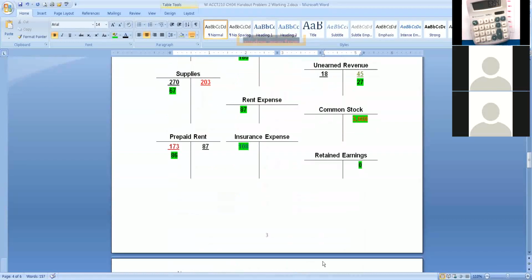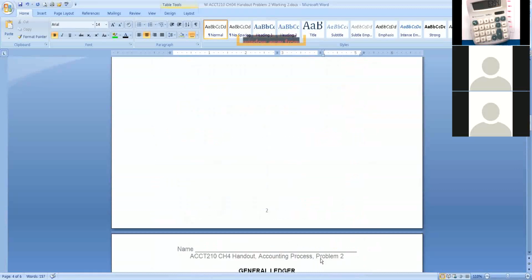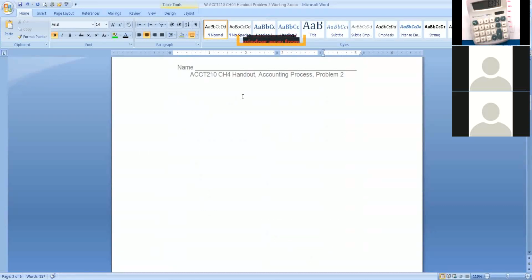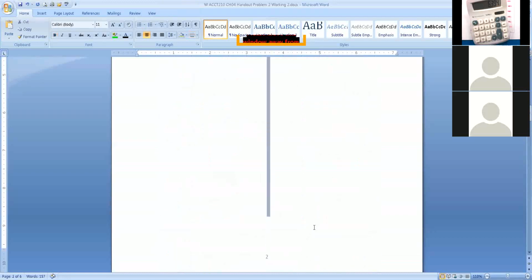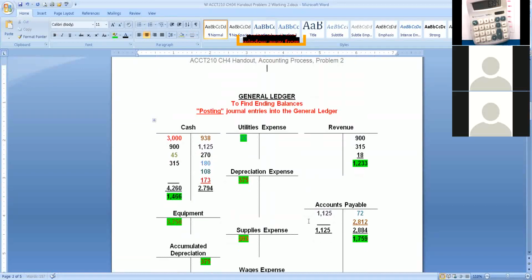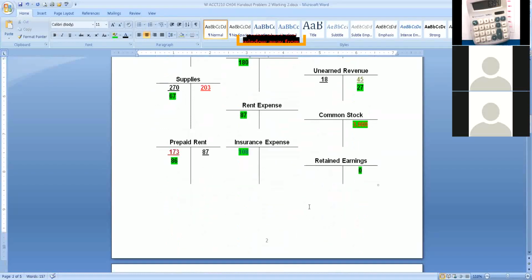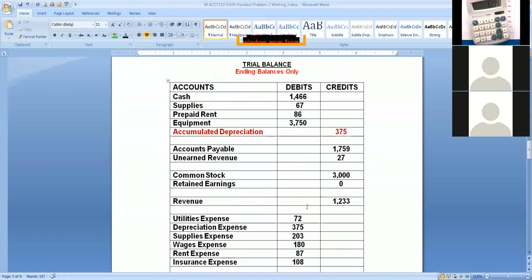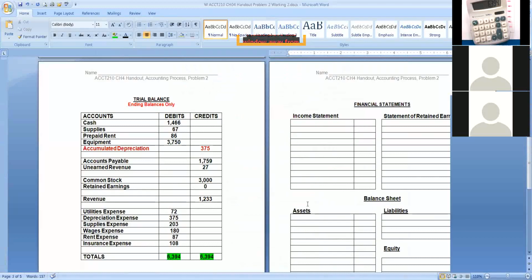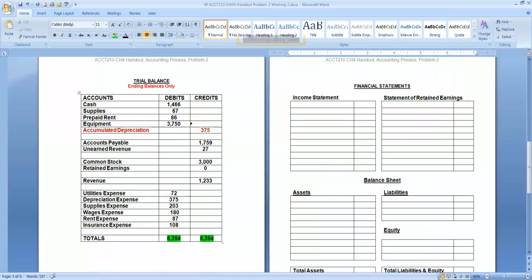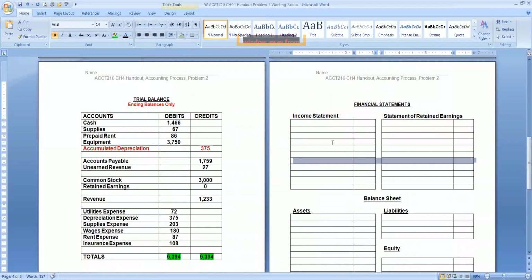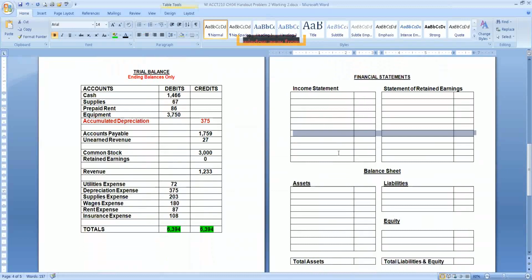Okay, now I'm going to do something. Let me get this back on so I can do a split window here. Okay, so hopefully this is big enough for you to see.